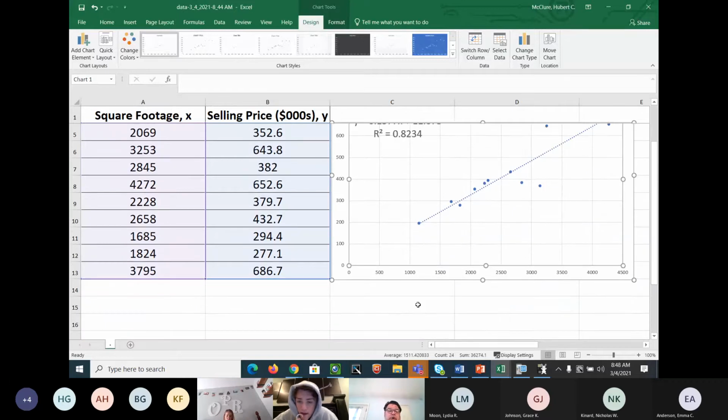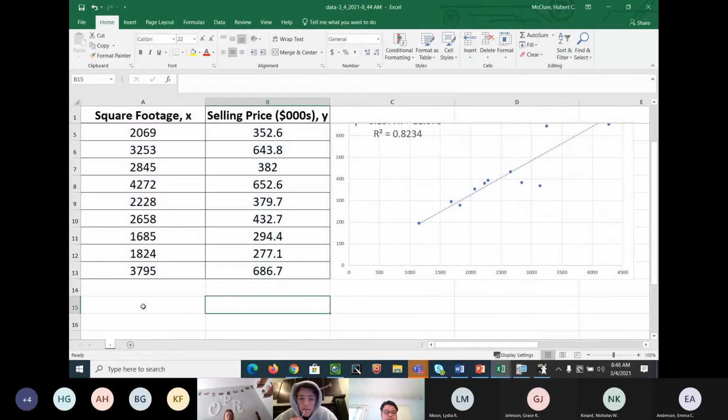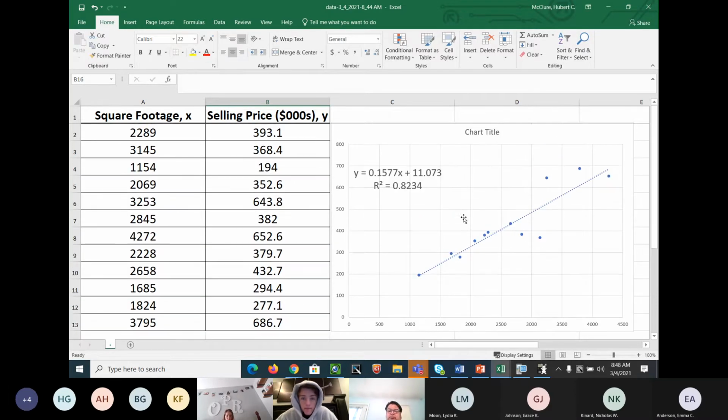R is equal to 0.8234 raised to the 0.5 power. I got 0.9074 for R.